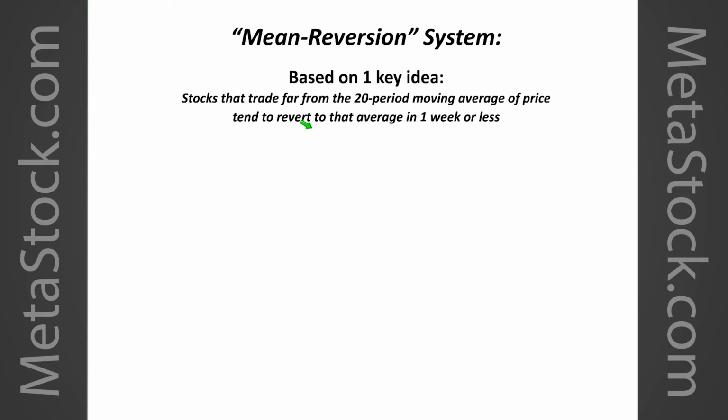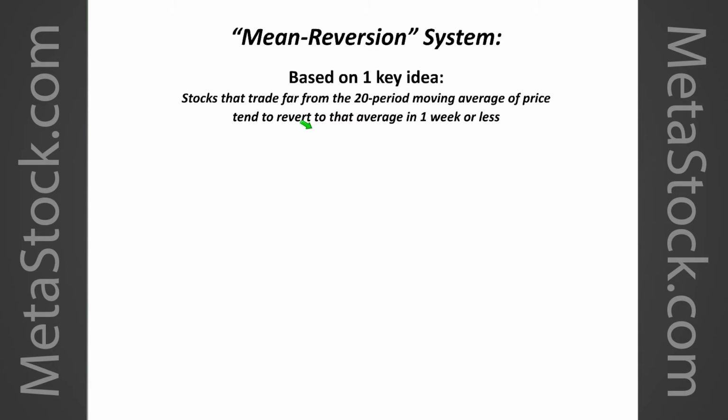You can use a longer-term moving average if you like longer-term trades. But my particular trading profile really fits the 20-period moving average, which gives you trading holds of about 1 to 2 weeks. Once they move far away from the 20-period moving average, then price tends to revert to that average in about a week or less.